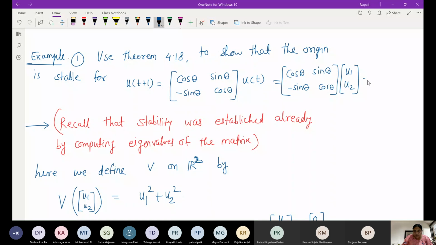So what will this be? It is U1 cos theta plus U2 sin theta, and minus U1 sin theta plus U2 cos theta. This is the vector, my F at U.